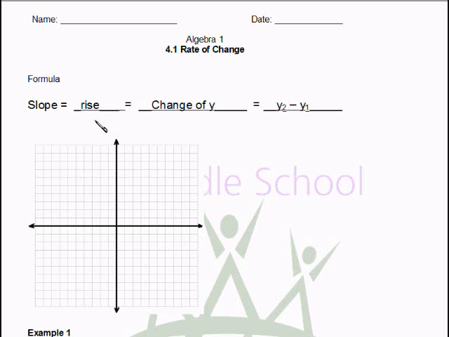Today we're going to be talking about the slope of a line concerning rate of change. In the notes that you have, slope is the same as rise over run, which is the exact same thing. Your rise is your change of your y coordinates, and your run is your change of x coordinates.